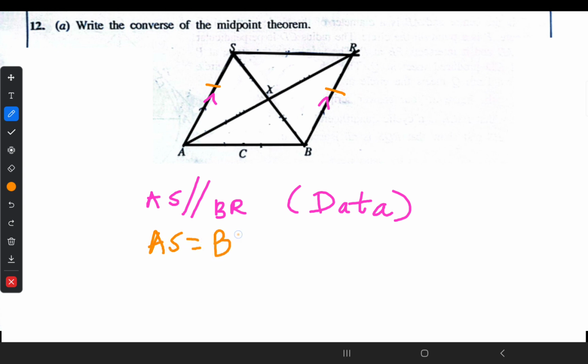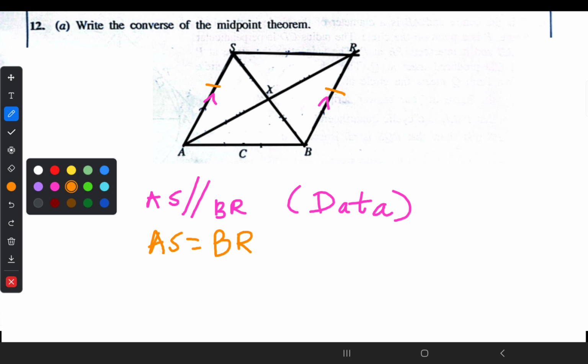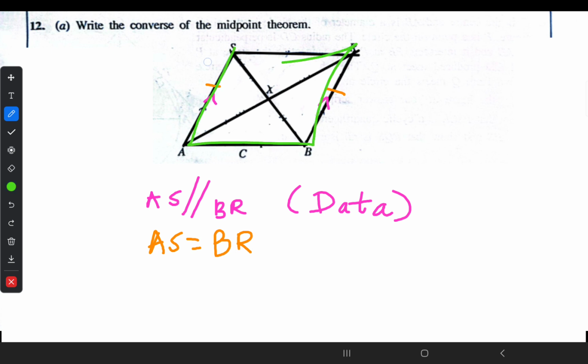We know that in a parallelogram, if a pair of opposite sides are equal and parallel, that shape is a parallelogram.